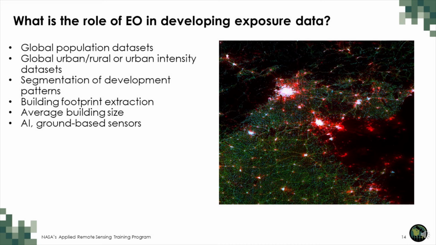Global urban/rural or urban intensity data sets that are starting to come together, like GUF and GHSL and so forth, are very useful. We'll get into that in a little bit.